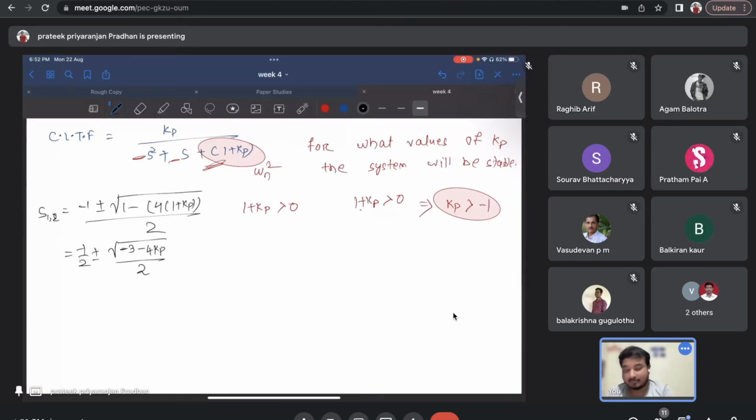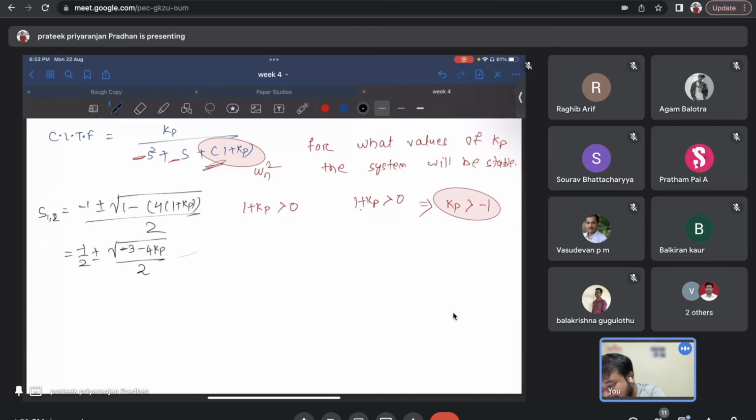Okay, now the different conditions. Let's assume the value under the root is imaginary.